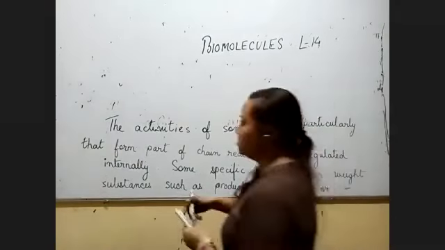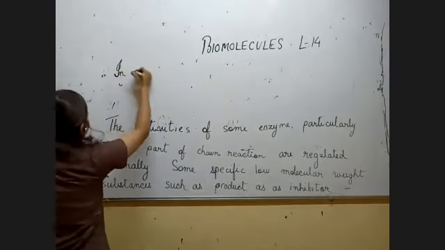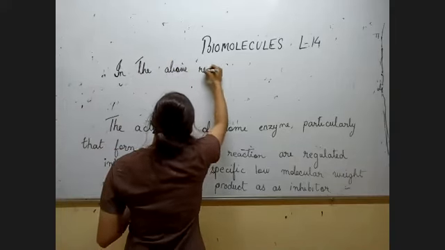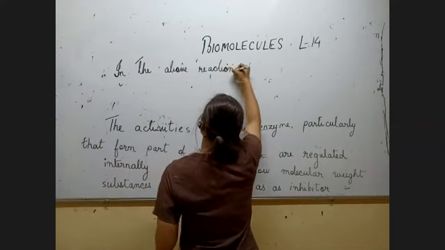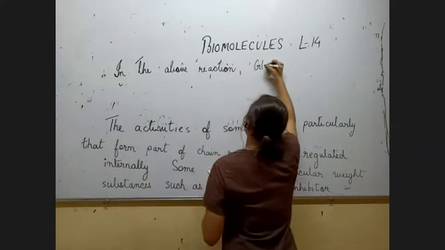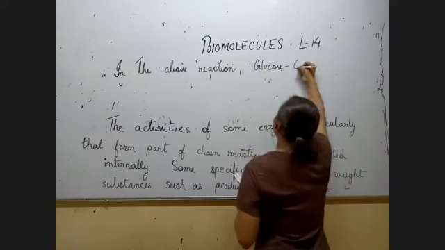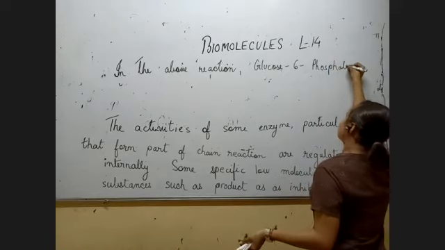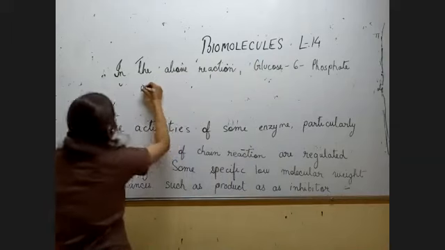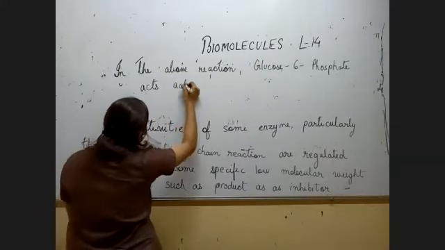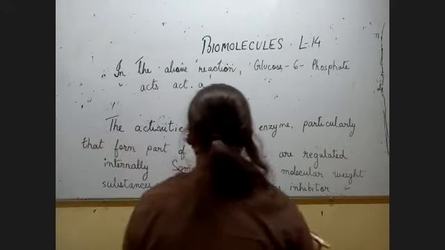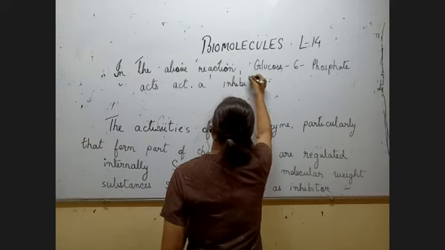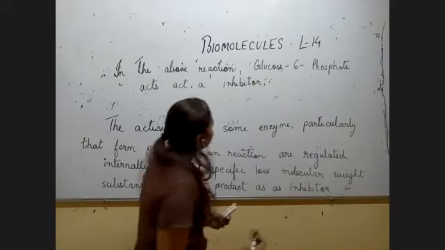So what you can add in the above reaction: glucose 6-phosphate acts as an inhibitor.